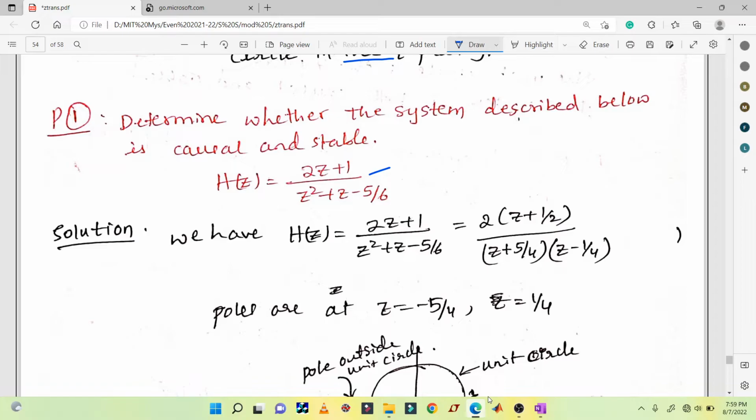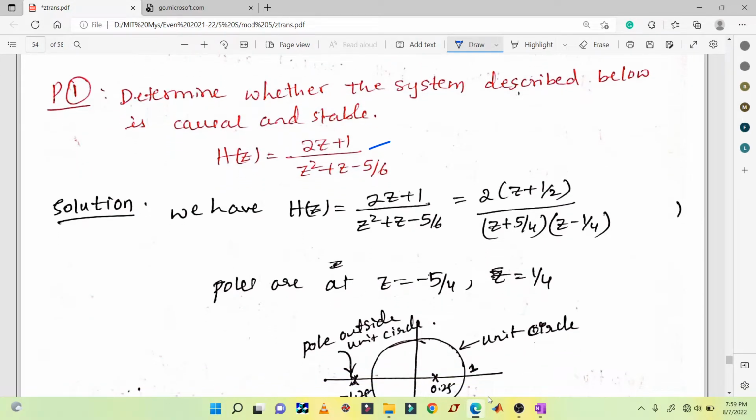Regarding this, what we need to determine is whether it is causal and stable. So first we need to find out the pole locations.